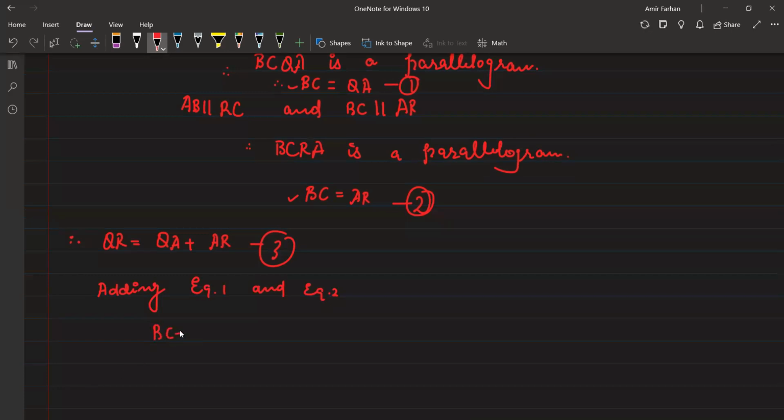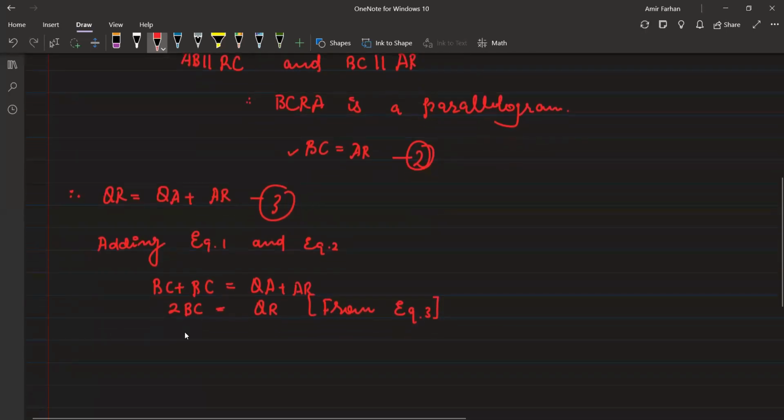So BC plus BC is equal to QA plus AR. 2BC is equal to QA plus AR, which is QR from equation number 3. Yes or no? Yatika, Zad and Ariz.